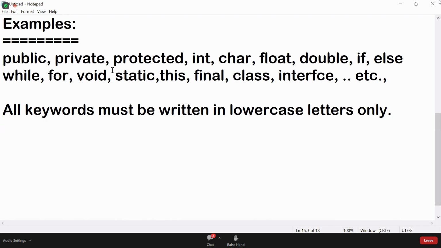Whatever rules and guidelines Sun Microsystems gave, you must follow. Then only the Java compiler can understand, then only the Java Virtual Machine can understand, then only Java software can understand. If you write your own style, it is not possible. Here only two options: either follow rules and guidelines or you develop a compiler.